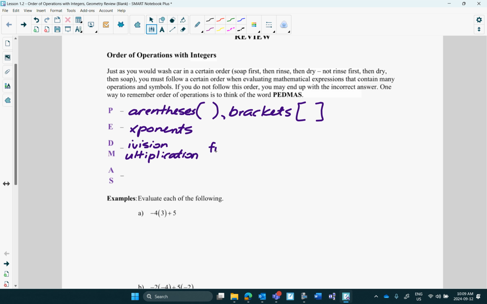We start on the left and move to the right. We never do division before multiplication or multiplication before division. It depends what we see first. And I imagine you guys can figure out the last one, addition and subtraction. Those are last. Again, from left to right.